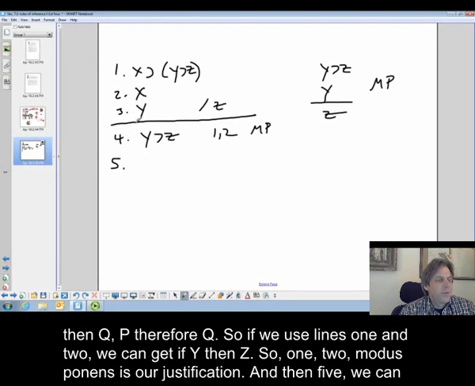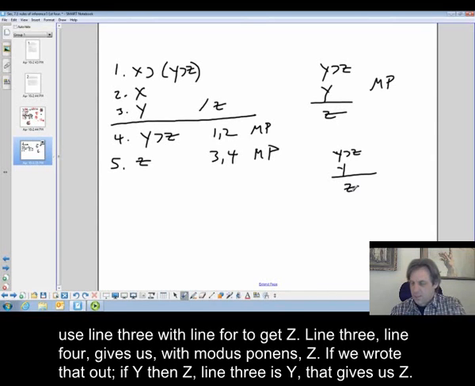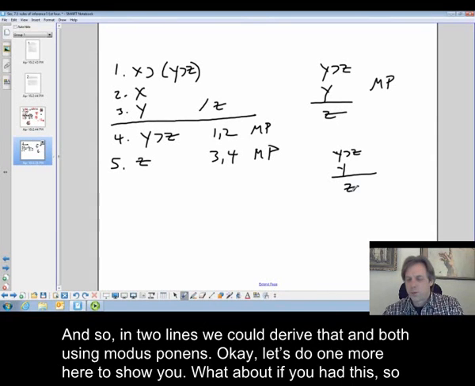And then 5, we can use line 3 with line 4 to get Z. Line 3, line 4 gives us, with modus ponens, Z. Okay, if we wrote that out, if Y, then Z, line 3 is Y, that gives us Z. Okay, and so in 2 lines we could derive that, and both using modus ponens.